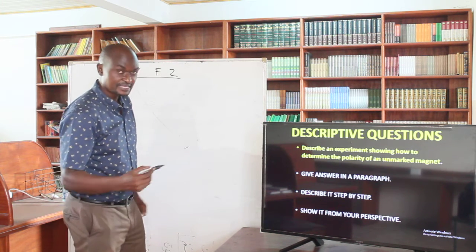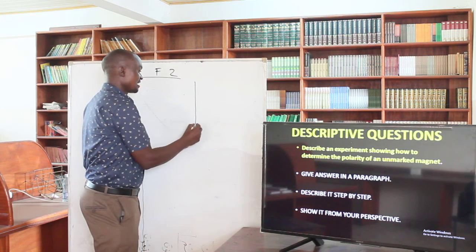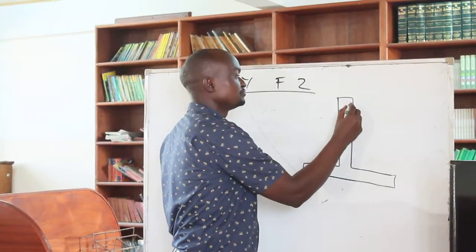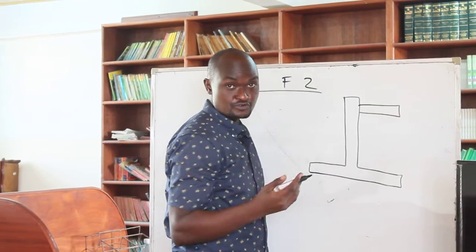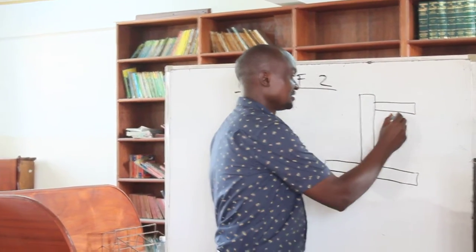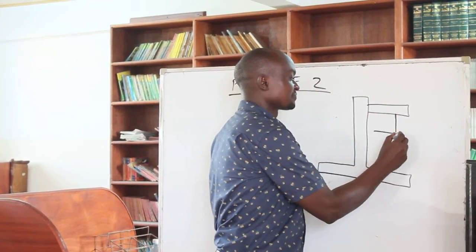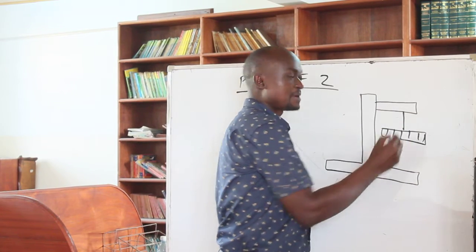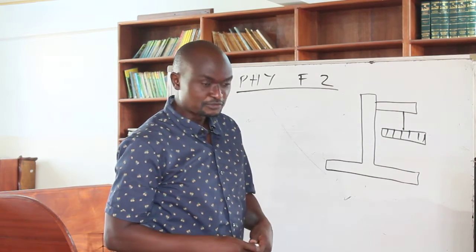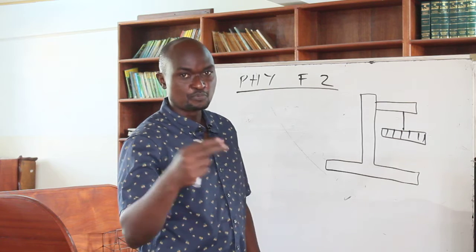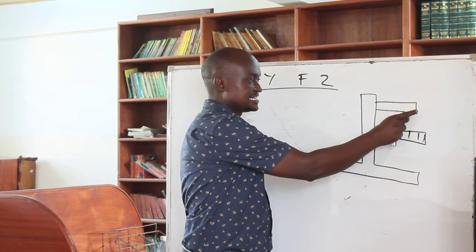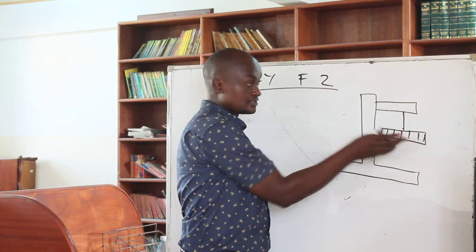For example, if I have this setup, that's why I'm saying you may decide to draw, or maybe not to draw but give it in words: a clamp stand, and you have your magnet there, suspended. To prove this, you will need a clamp stand, a string, and a magnet.